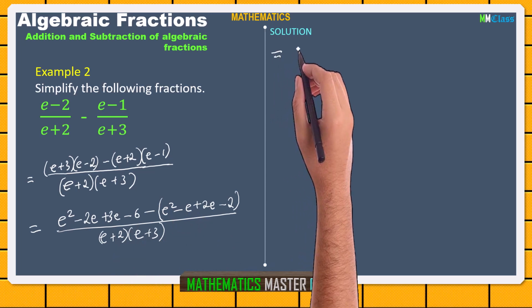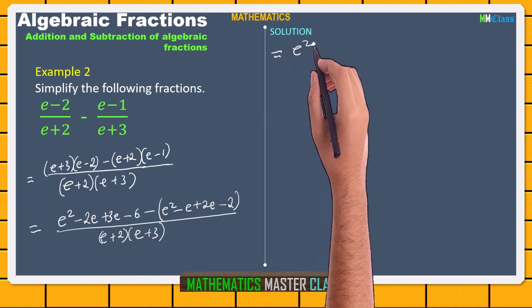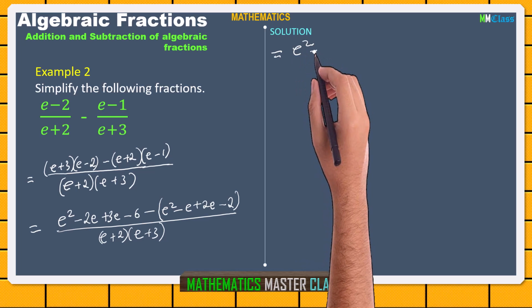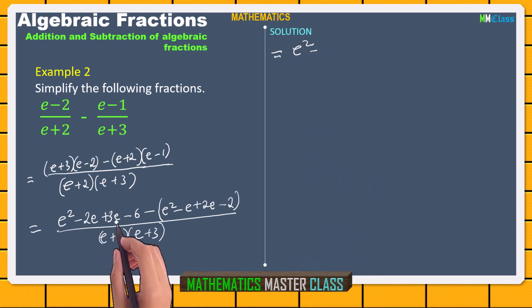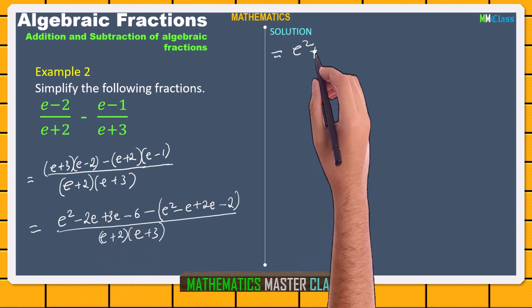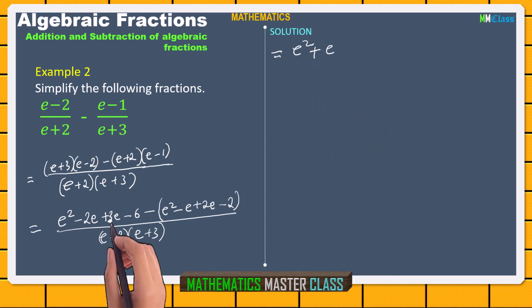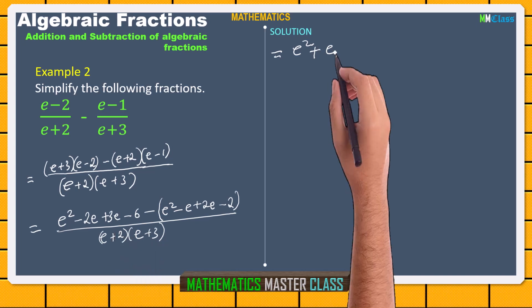This will be equal to e square, minus 2e plus 3e will give us plus e. It's just like minus 2 plus 3, or 3 minus 2. It will give you 1. So since we are having e there, it will just be e, or 1e. So we are going to get e here, or 1e.